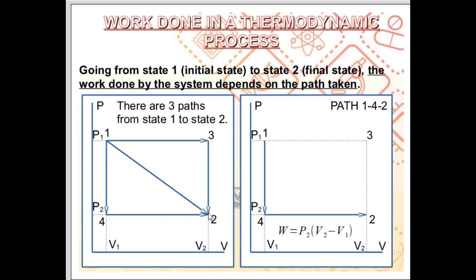And as you shall see, the work done by the system will depend on the path taken. So first, let's take a look at path 1, 4, 2. So the system goes from state 1, then state 4, and then final state 2. From state 1 to state 4, the volume is constant at V1.